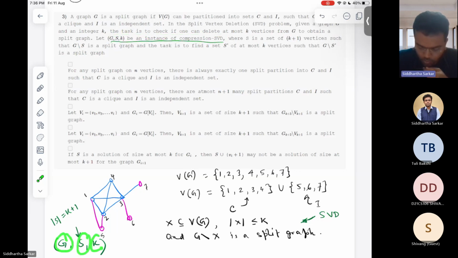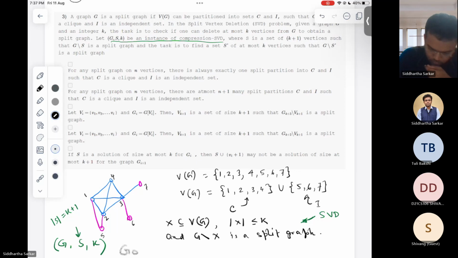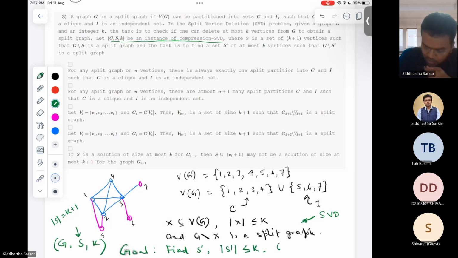So the goal is to find S dash. You want S dash to have at most K vertices and G minus S dash to be a split graph. In short, I'm writing SG for split graph.